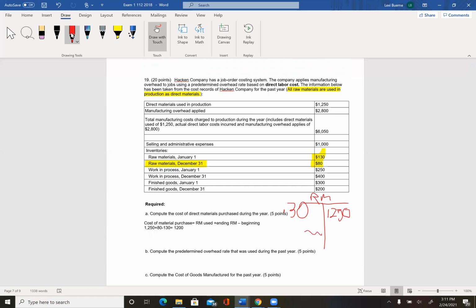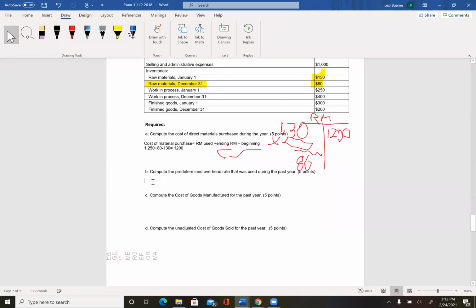Sorry, this handwriting is going to be a little bad. And then for the ending, it's going to be 80. So you're looking for this middle number right here, which is the purchases, which ends up being that 1,200. But that's just another way to look at it, if the T account helps. All right, so that's all for A.